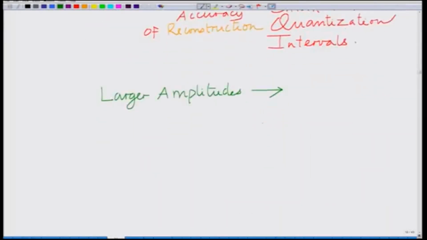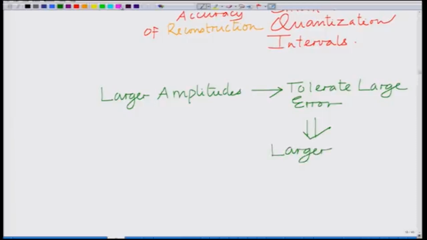we can tolerate quantization error, which implies we need to have larger quantization intervals, alright, which means lower accuracy of reconstruction.